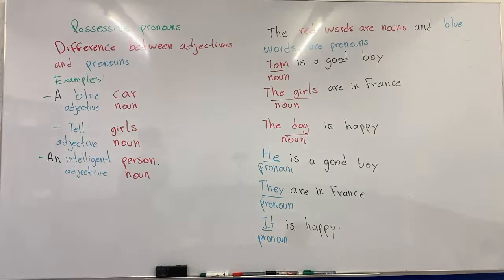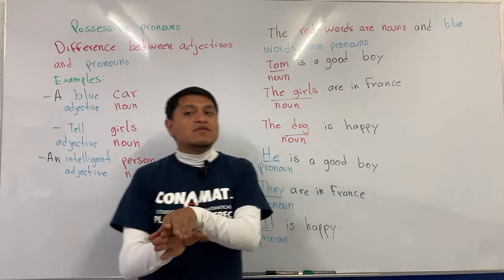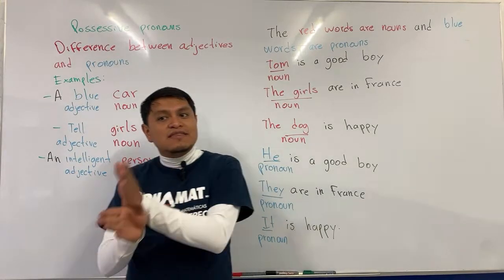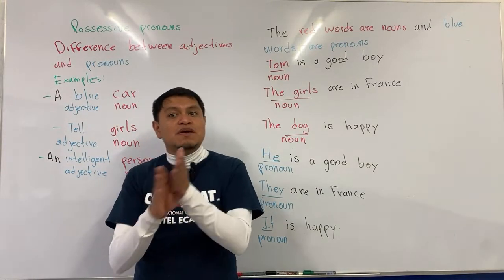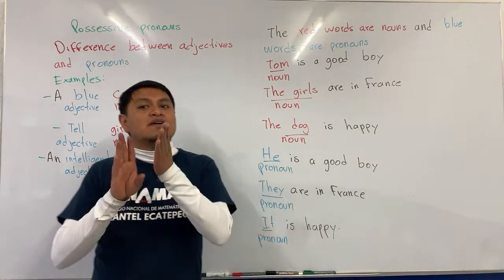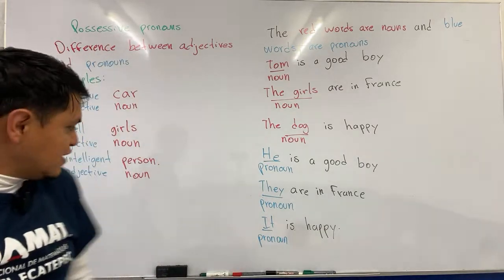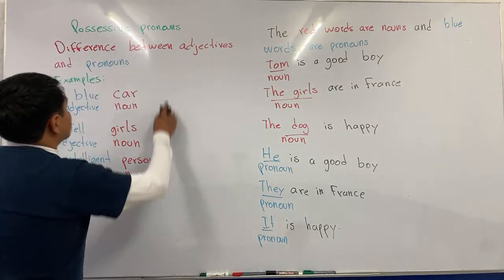Right? The possessive pronouns, we don't mention the item that is possessed because a pronoun substitutes the noun. Now I'm gonna delete this for the next part of this topic.